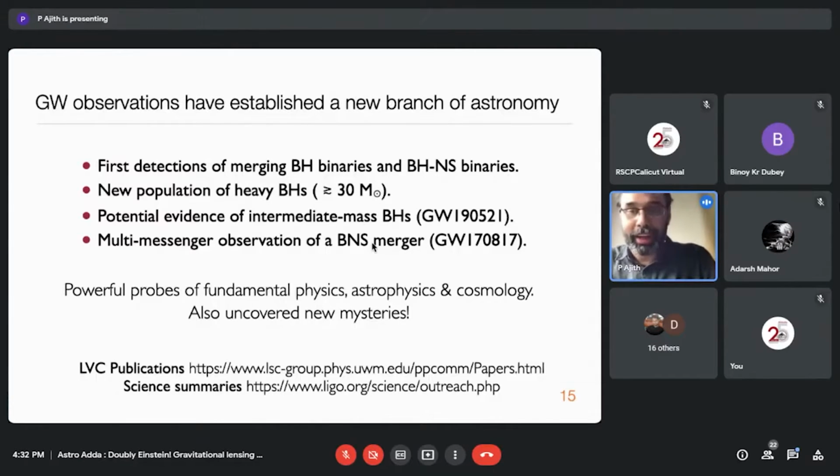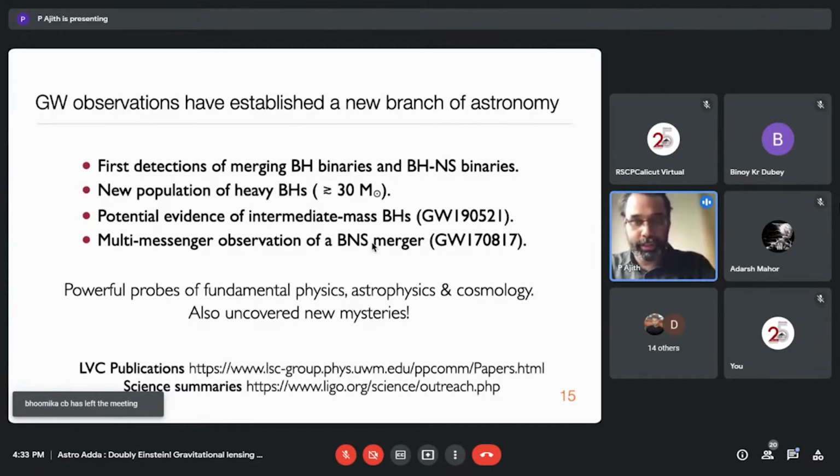And most remarkably, one gravitational wave signal, produced by a merger of neutron stars, also basically inaugurated a new field called multi-messenger astronomy, because this merger not only produced a gravitational wave, but also produced a burst of electromagnetic radiation, which was detected across the electromagnetic frequencies, starting from gamma rays all the way up to radio.